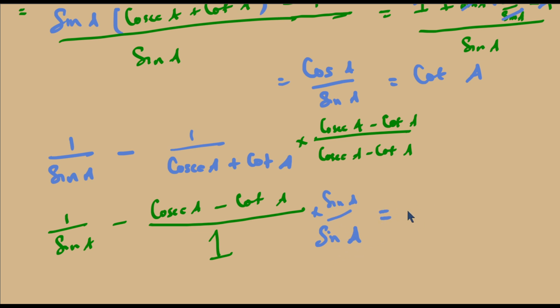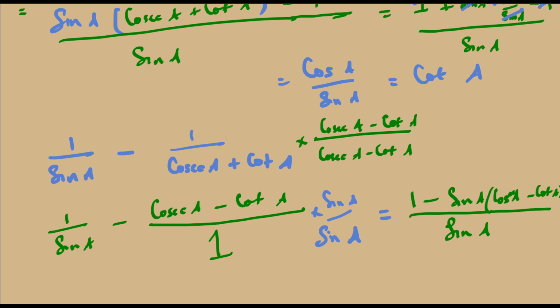So this thing is equal to 1 minus sine A into cosecant A minus cot A. Of course, I'm cramped here. I'll write it neatly in my next line. So this is by sine A, right?